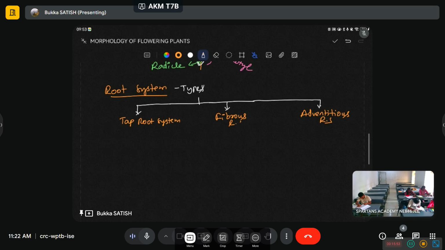RS is root system, I'm just writing in short. So there are three different types of root system: taproot system, fibrous root system, adventitious root system.